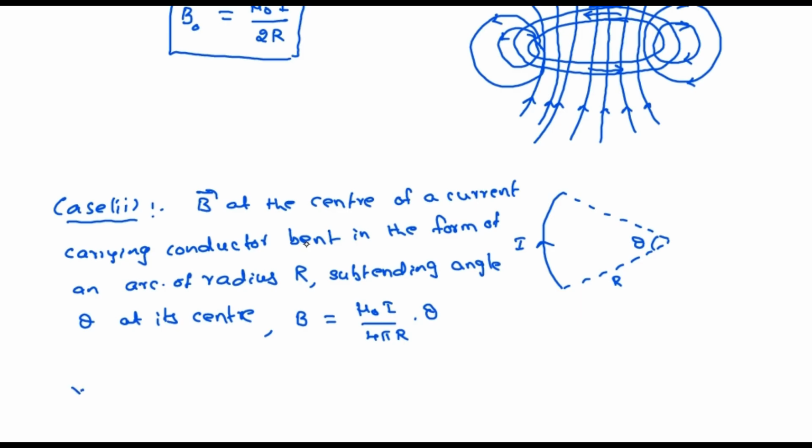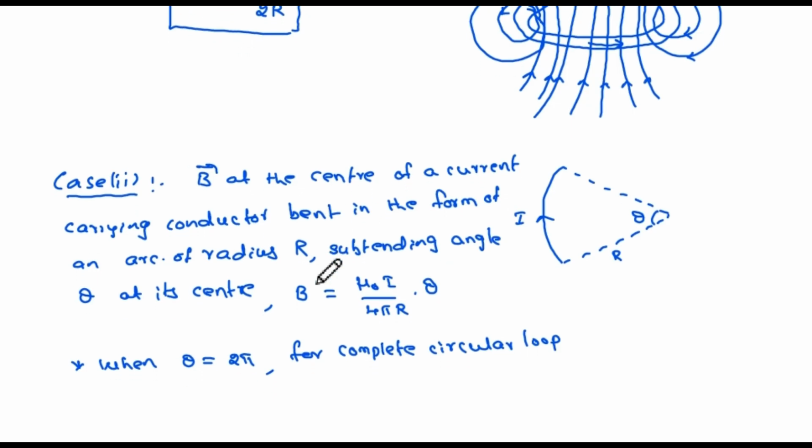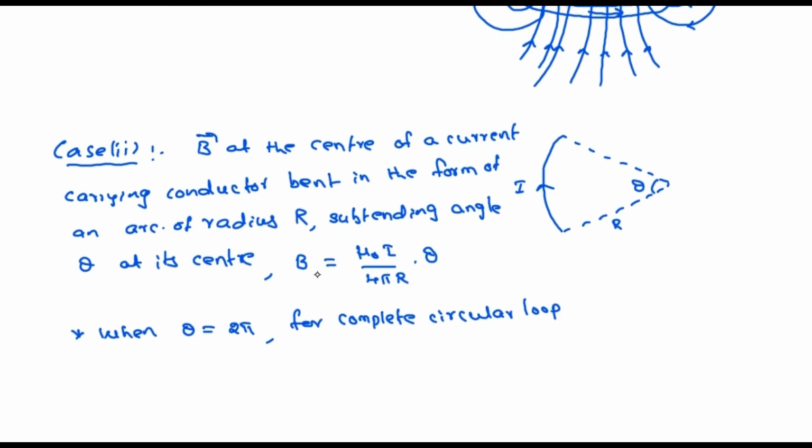Suppose when theta is equal to 2 pi, that means for a complete circular loop, this formula gives B is equal to mu naught I divided by 2r only.